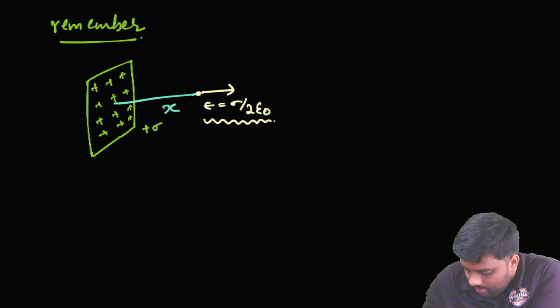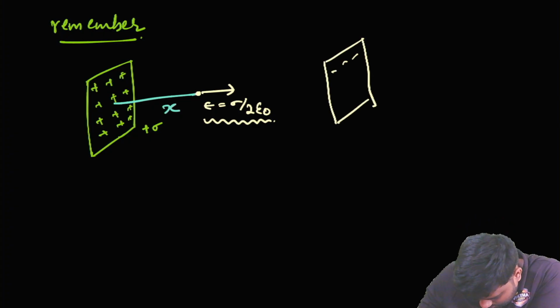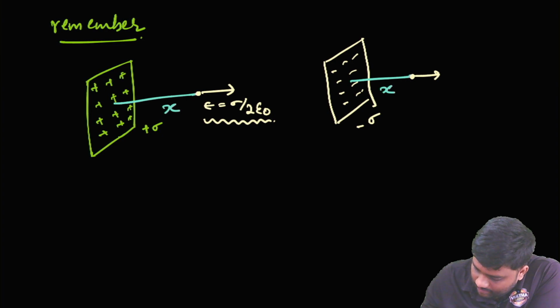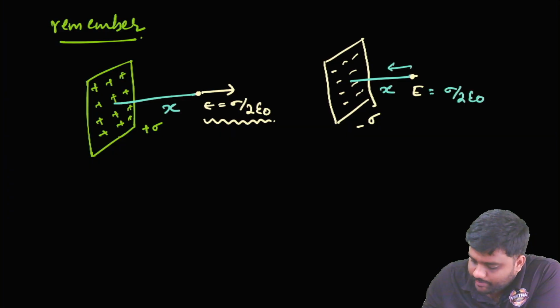If you are having a negative charge sheet, negative infinite sheet, at some distance x, if you wanted to find out the electric field, so that electric field is equal to, ಈಗ ನೆಗೆಟಿವ್ ಅಲ್ವಾ, ನೆಗೆಟಿವ್ ಆಗಿರೋದ್ರಿಂದ ಆ ಪಾಯಿಂಟ್ ಅಲ್ಲಿ ನಮ್ಗೆ ಏನ್ ಬರುತ್ತೆ, ಎಲೆಕ್ಟ್ರಿಕ್ ಫೀಲ್ಡ್ ಎಲ್ಲಿಗೆ ಬರುತ್ತೆ, ಈ ಡೈರೆಕ್ಷನ್ ಅಲ್ಲಿ ಬರುತ್ತೆ, that is equal to sigma by 2 epsilon naught.